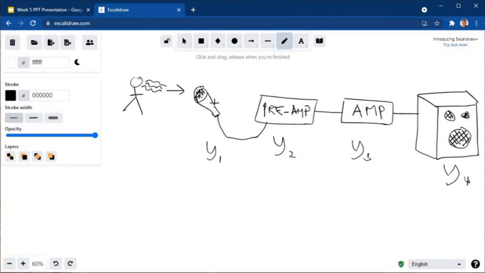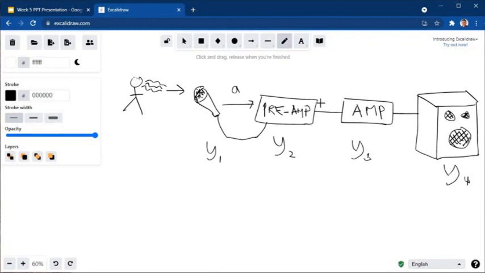So from this one, there will be a signal going out. Of course, it will not be a one-to-one conversion from the acoustic wave. There will be some amplification, even though it's very small.